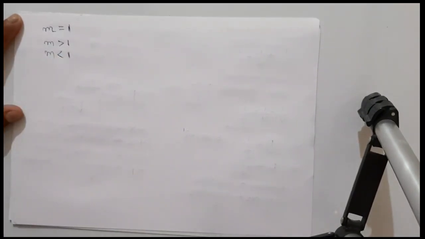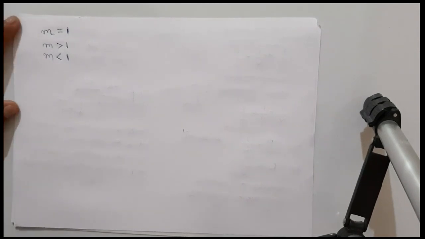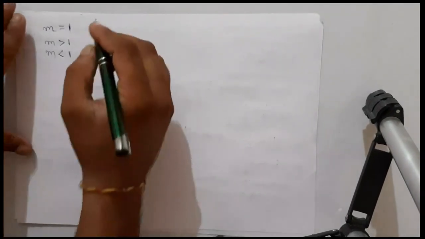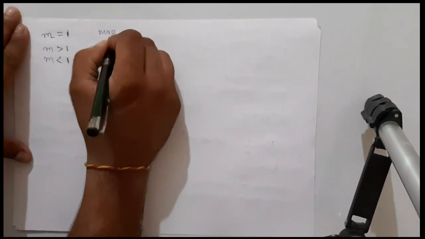We have taken these three conditions, that in some cases m is equal to 1, in some cases m is greater than 1, and in some cases m is less than 1. Now try to understand that magnification.